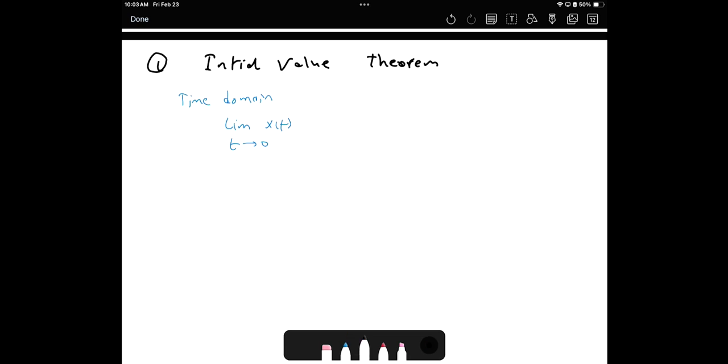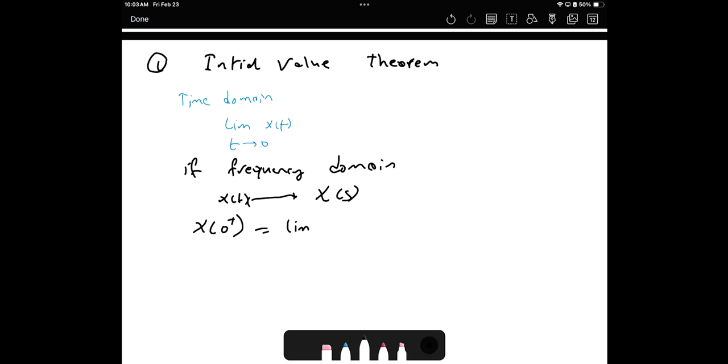While in the frequency domain, or in other words, in the Laplace domain, we will convert x of t to x of s. Then how to find the initial value? x of 0 from the right will be the limit of s times x of s, such that s goes to infinity.